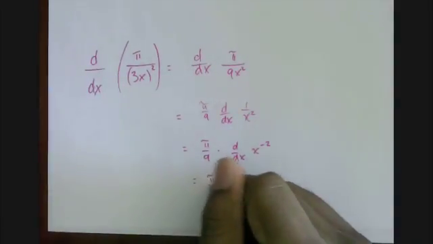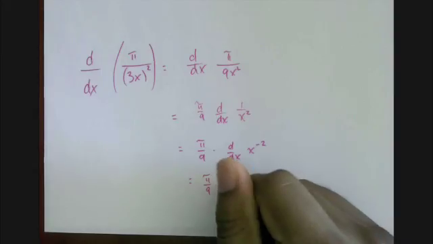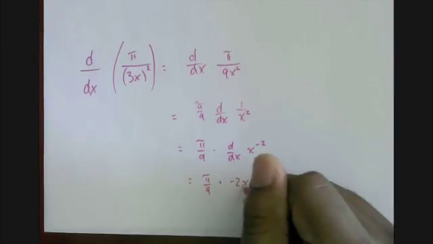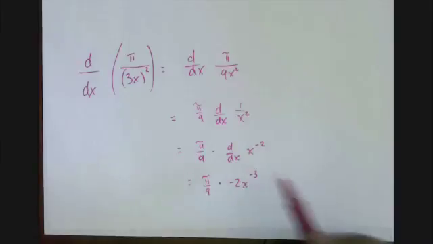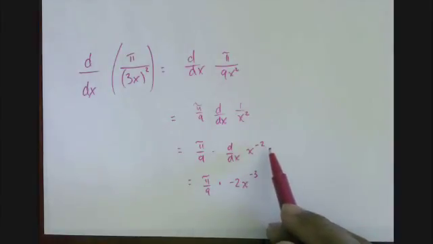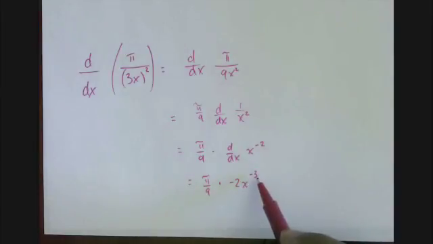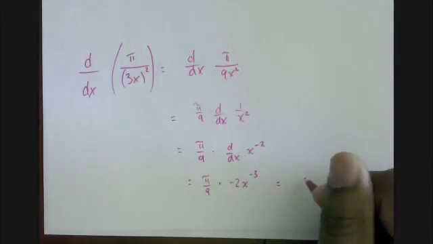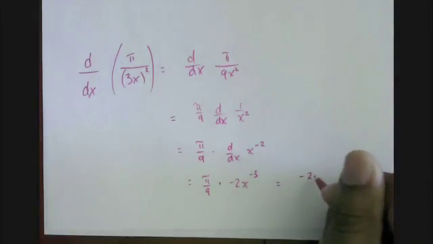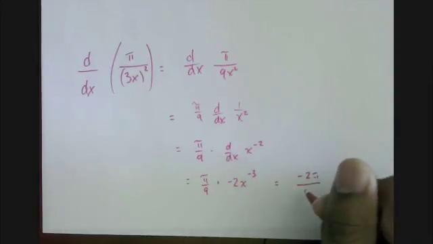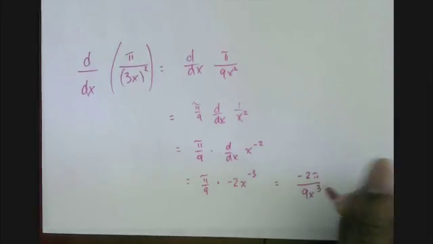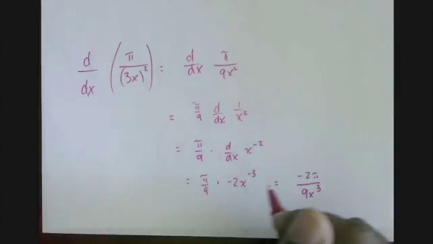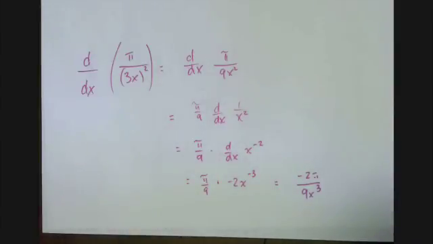So I'll have pi over 9 times negative 2 x to the negative 3. Again, we are subtracting 1 from negative 2, not adding, so our resulting new exponent is negative 3. If we'd like, we could rewrite this answer as negative 2 pi over 9 x to the third. Both answers were correct originally, and both answers are equivalent.